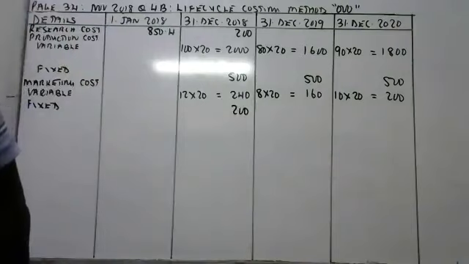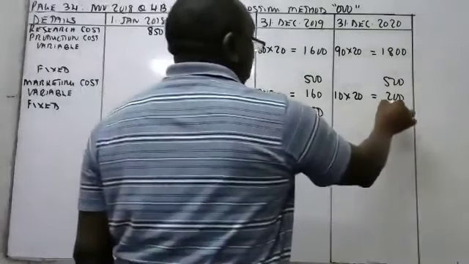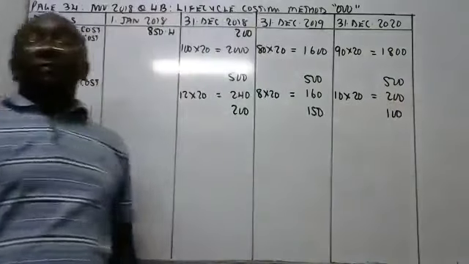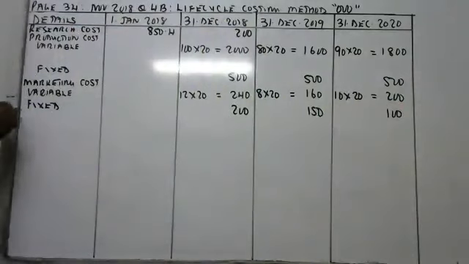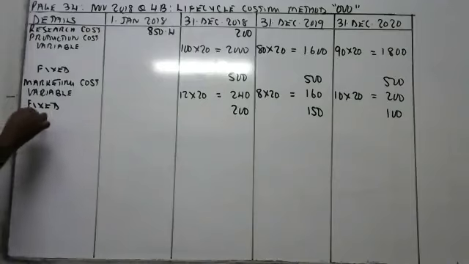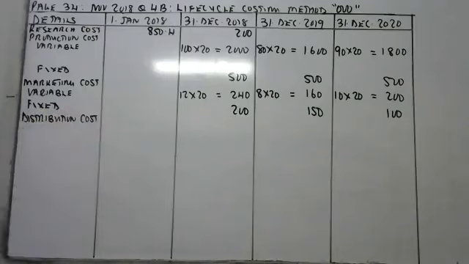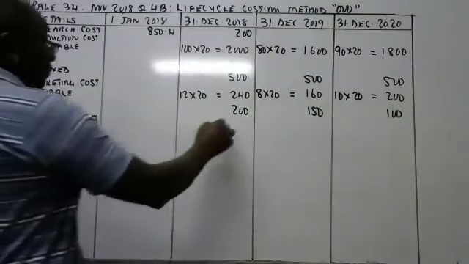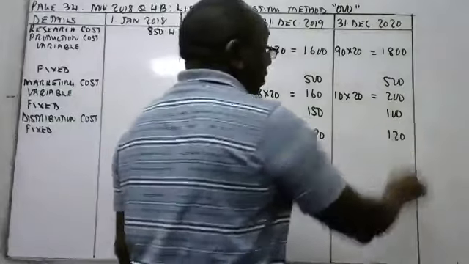The other year is 150, and then we have 100. Then we go to distribution costs. For distribution cost, we have fixed. The fixed is 120 everywhere: 120, 120, 120.